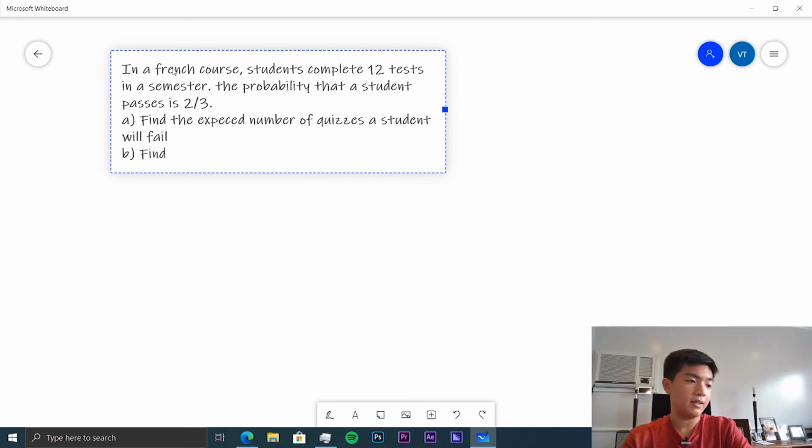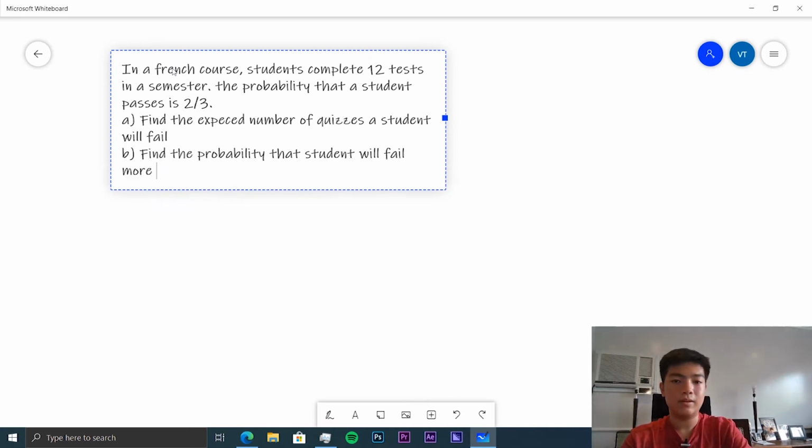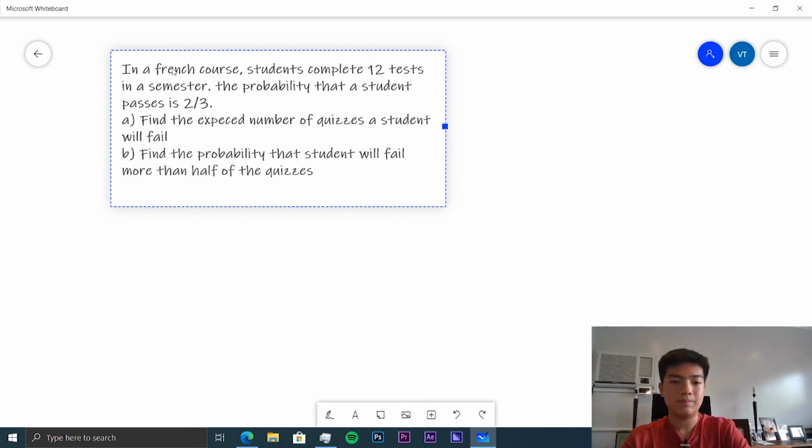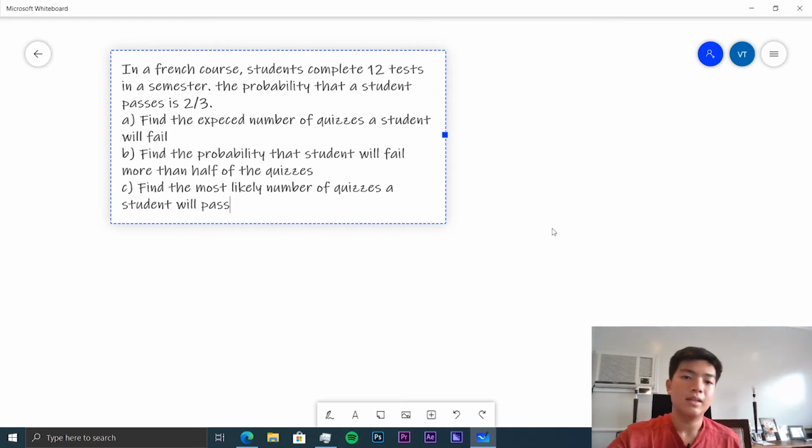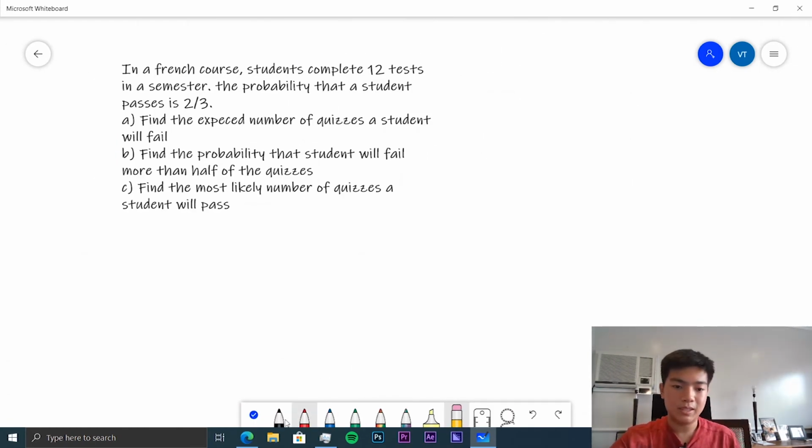And next, find the probability that a student will fail more than half of the quizzes. And finally, find the most likely number of quizzes a student will pass.